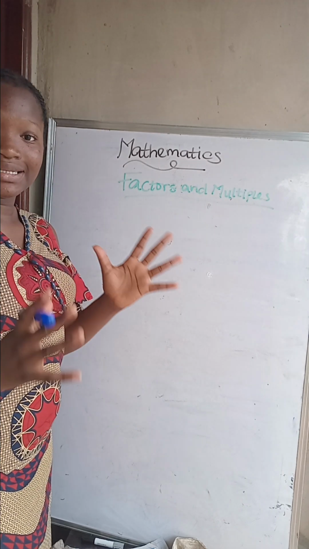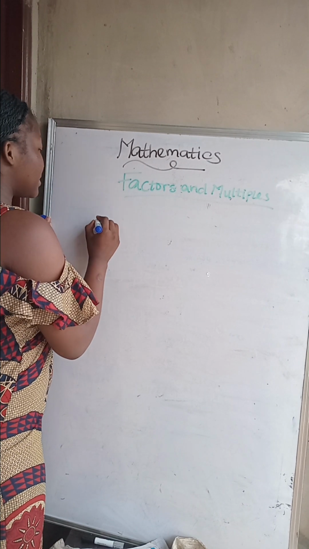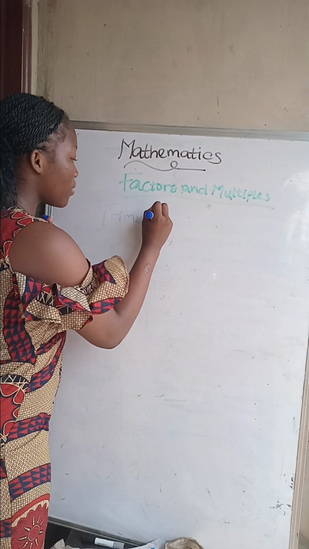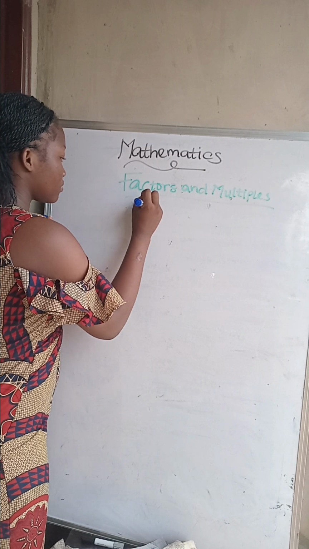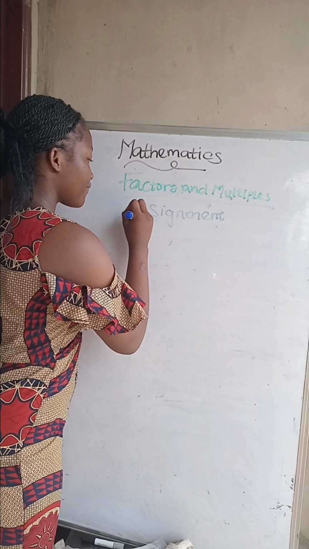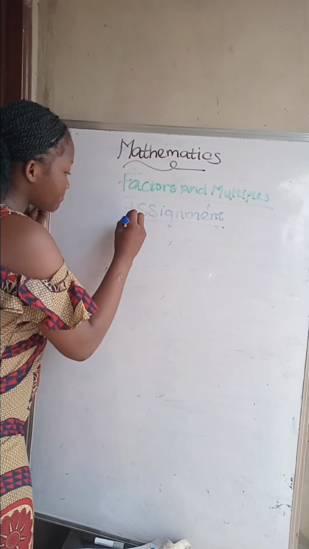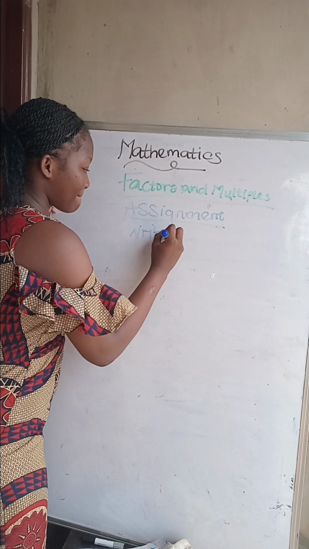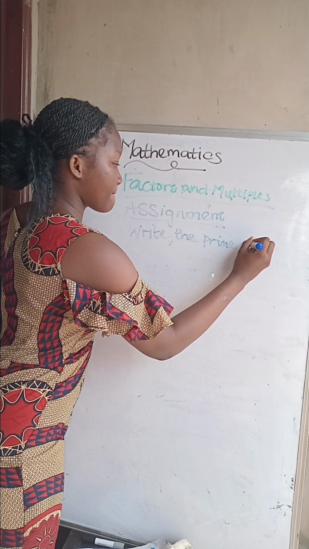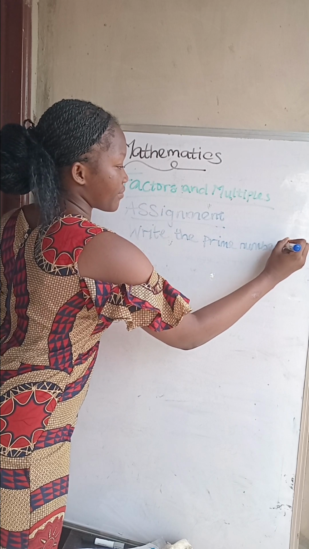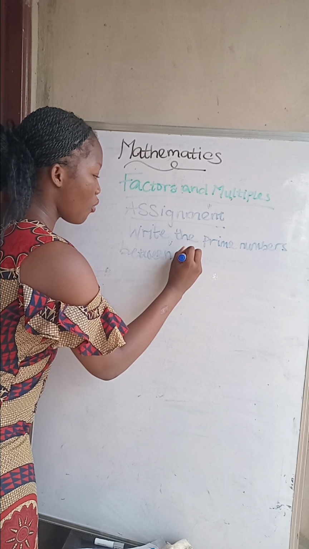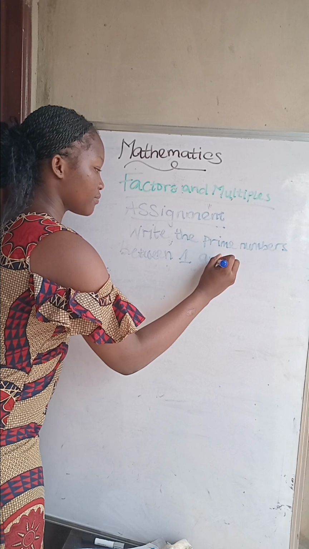So I'll give you an assignment: write the prime numbers between 1 and 100.